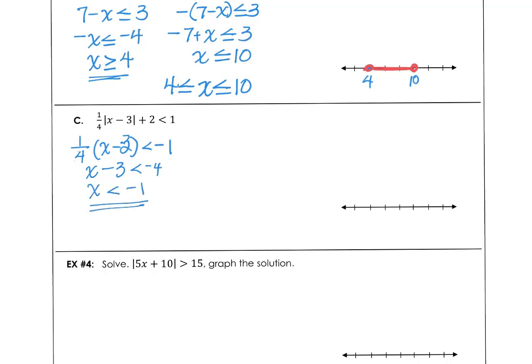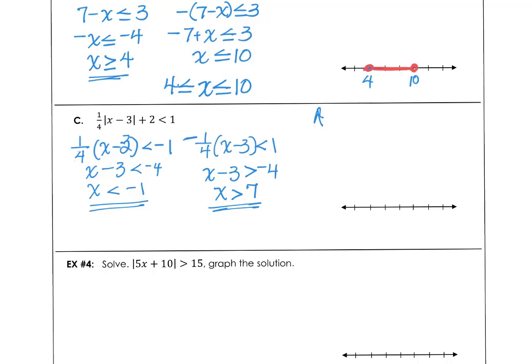So we're going to check that answer. And then working for the opposite of our x minus 3, we want the opposite of that is less than 1. So again, multiplying by -4 flips the inequality, and x is greater than 7, so we want to check that.